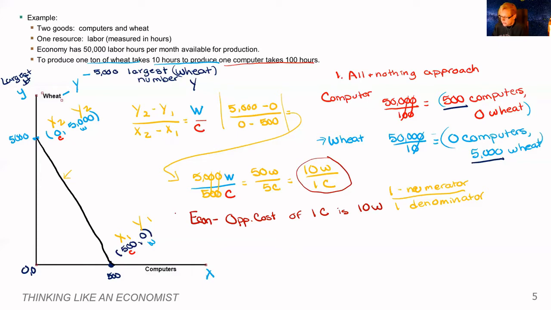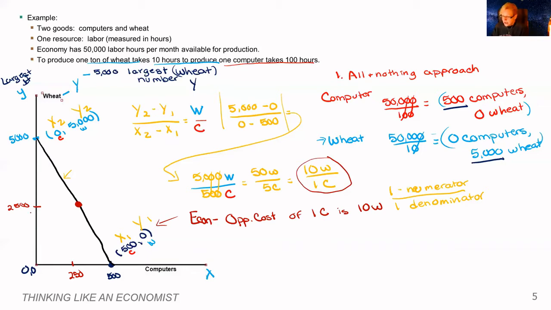So let's see what that really means over here on the graph. Let's just take half of each of these. So I'm going to produce 2,500 tons of wheat and 250 computers. I just want to use a middle point so that I can easily illustrate what I'm trying to show you here.